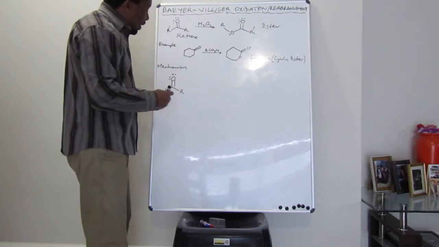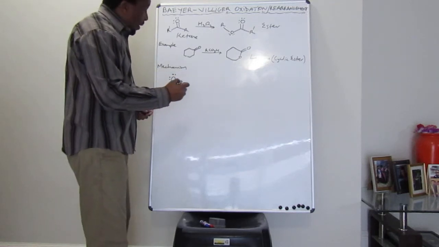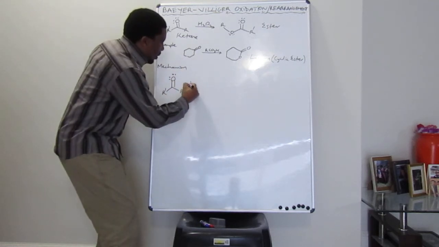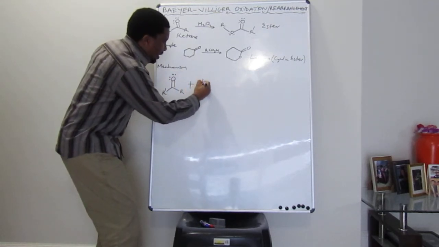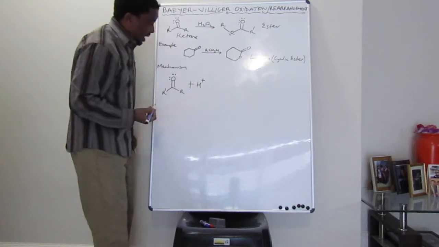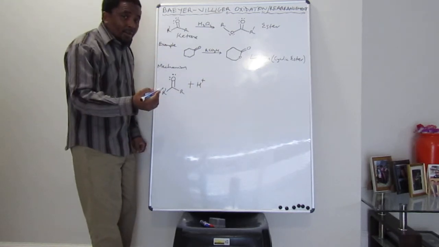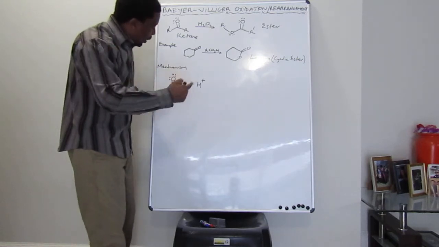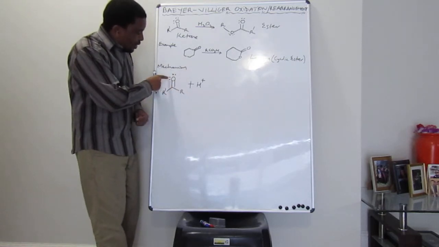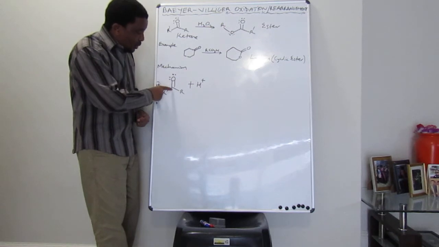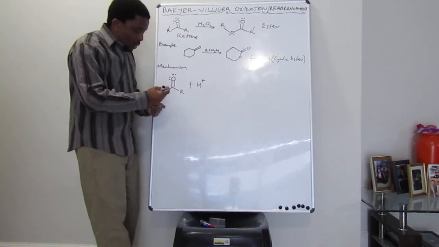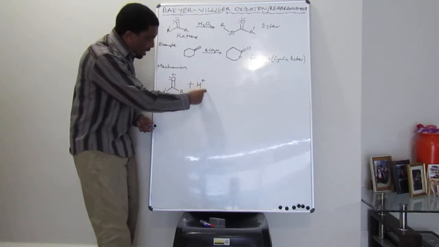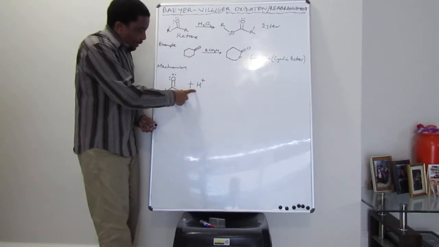Now, if we treat this in an acidic medium, with an acid, which is H plus, what is going to happen? I've already shown you that the oxygen will assume a sigma negative state and the carbon a sigma positive state. So logic tells us that this H plus can never come over to the carbon, as there will be repulsion.